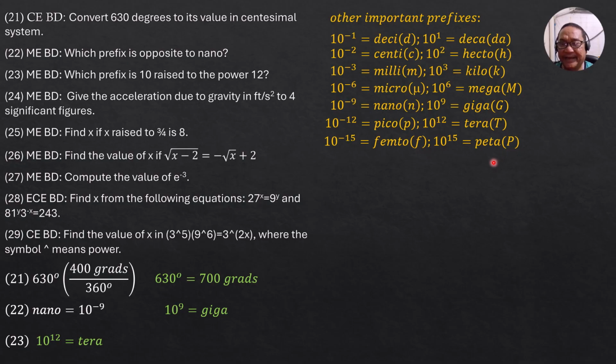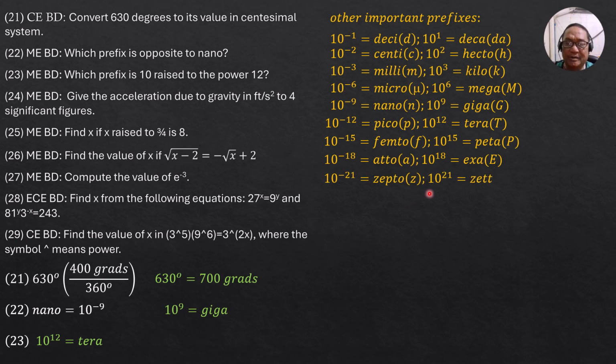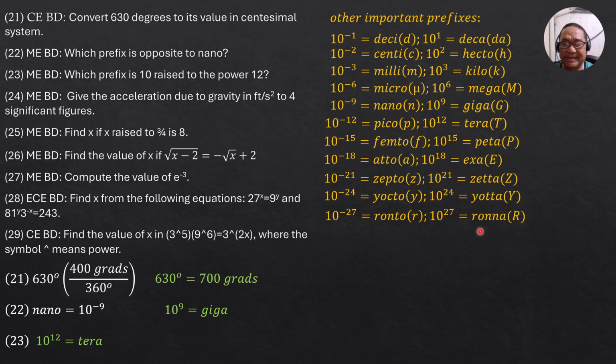10 to the negative 18 is the atto, and 10 to the positive 18 is the exa, denoted by capital letter E. Atto is a. 10 to the negative 21 is what we call zepto, small letter z. 10 to the 21 is the zetta, capital Z. 10 to the negative 24 is called the yocto, and 10 to the 24 is called the yotta, capital letter Y. Then 10 to the negative 27 is called the ronto, and 10 to the positive 27 is called the ronna, big R. Ronto, small r.